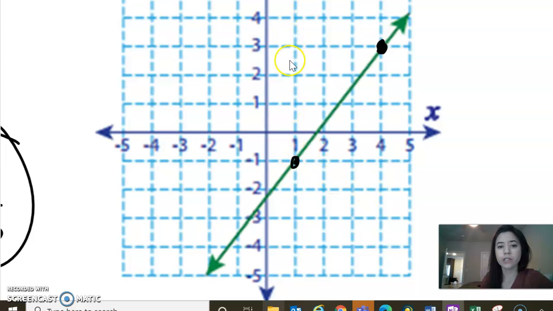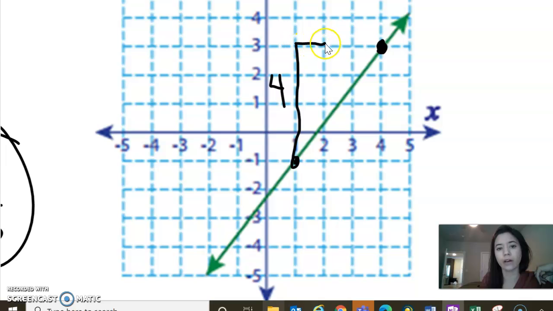Okay, so now from my first point, this one, I'm going to find my rise. So either how high up I go or how high down. And in this case, I have to go up to meet my next point. And I went up 1, 2, 3, 4 boxes. And now I'm going to run to the left or to the right, however to reach my other point.